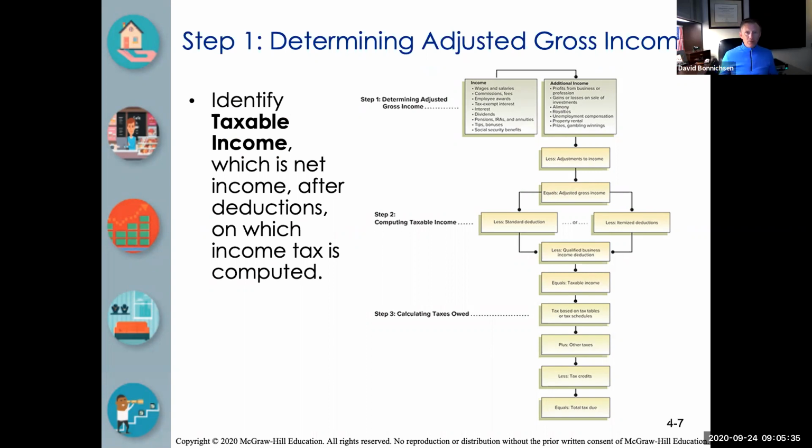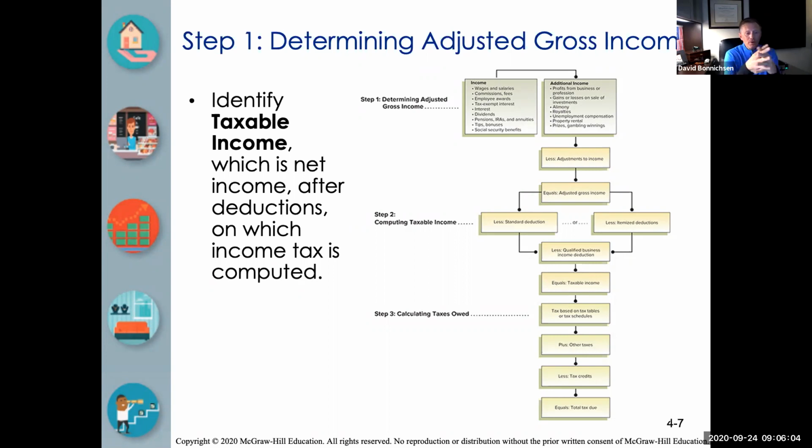The first step in determining your adjusted gross income, or AGI, is, the end goal is to determine what our taxable income is. It's net income, after all the deductions. That is the number from which we calculate our income taxes, the tax that is due. So the first step is we have to determine AGI.